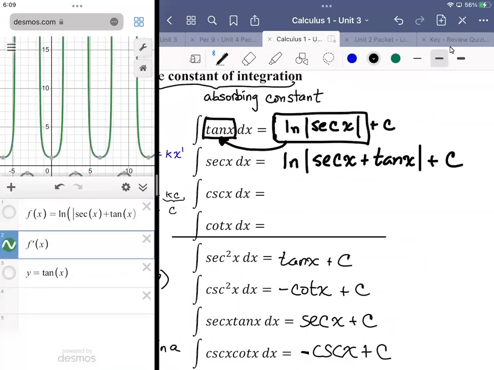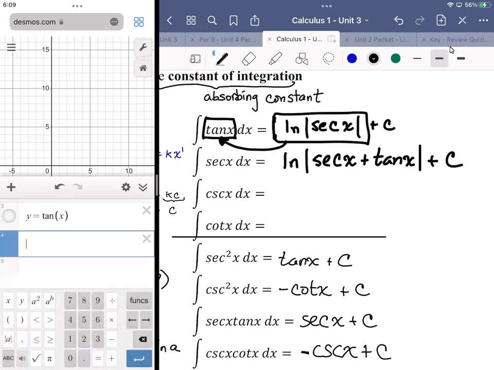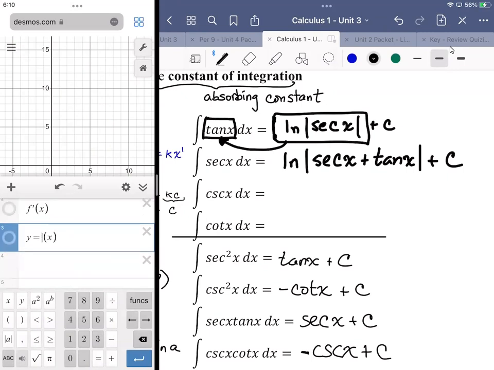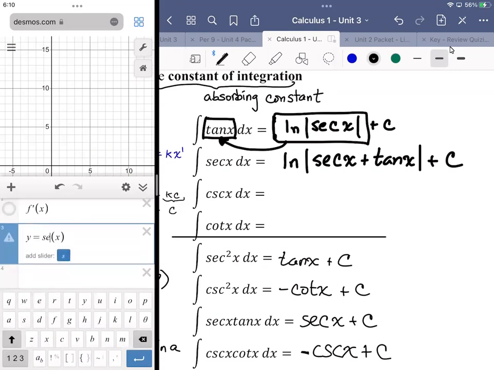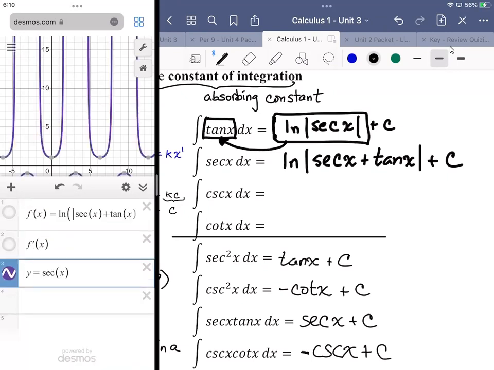Take a look at its derivative, and then take a look at the secant function. Whether I type it in or just grab the function itself. Here's the secant function. Here's the derivative function. They're mapping to the same location.